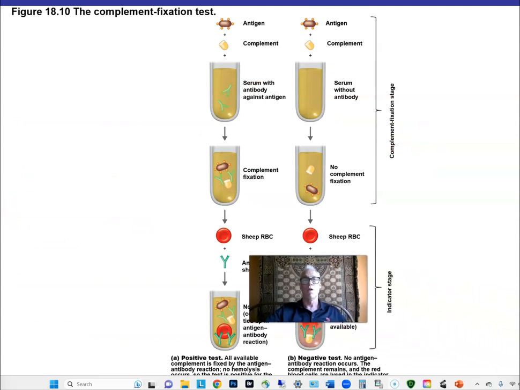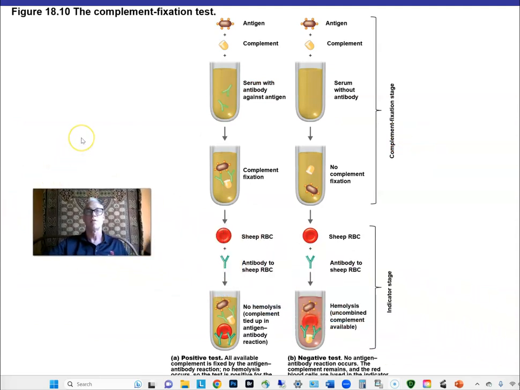Here's one that's a little more abstract, not really bad or anything, but it's just kind of funny in a way. If you mix together an antigen and complement along with antibodies, and so now you have all the antigen and antibodies tied up together, right? And then you add some sheep red blood cells and antibodies against sheep red blood cells into the mix.